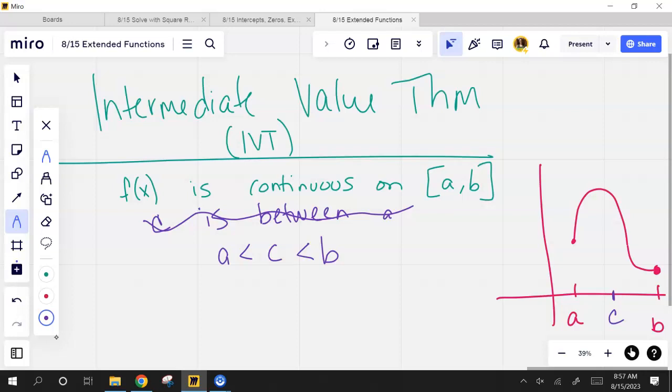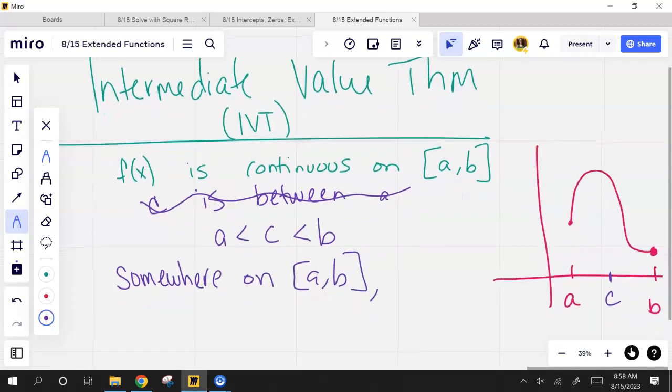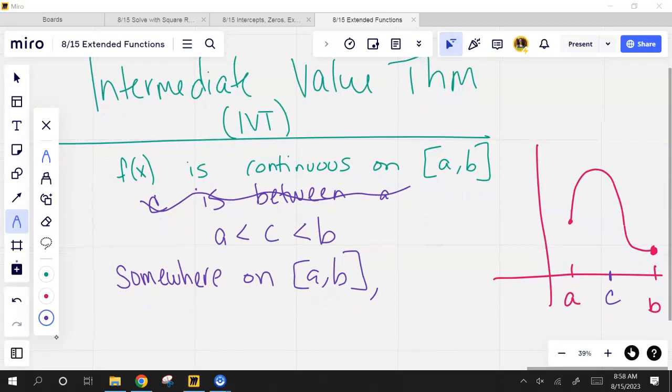So in the middle, what this says is I've got this continuous function between these two values. If it's continuous, it connects between those two, and you've got some x value in between those two, somewhere on that interval on AB. So it's the easiest way: somewhere on that interval f of c exists.